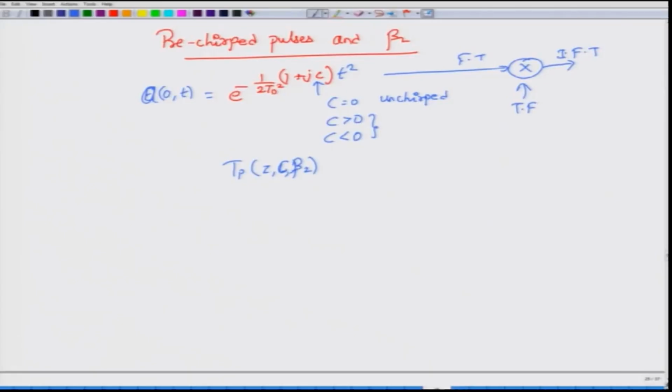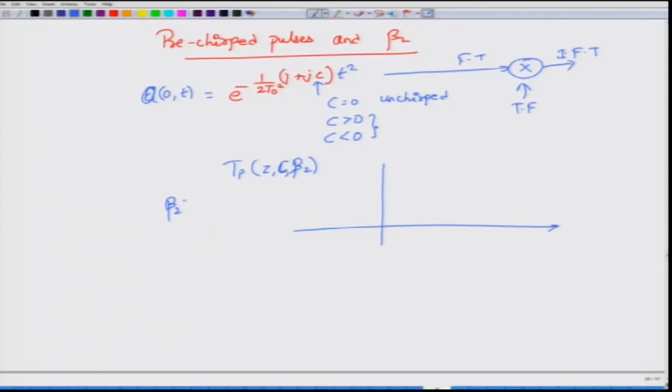So, the longer the propagation, the pulse would normally have become flatter and flatter, or broader and broader, but now there is something very interesting that goes on. First, let us consider the case where beta 2 is greater than 0.